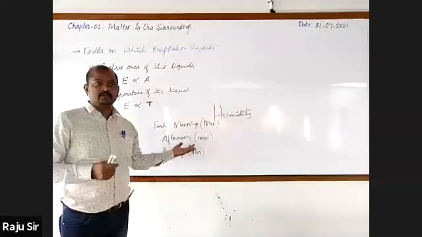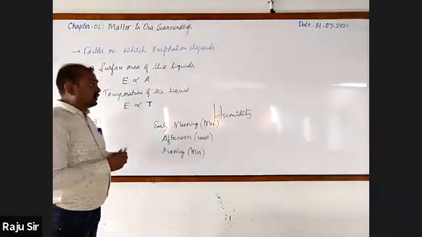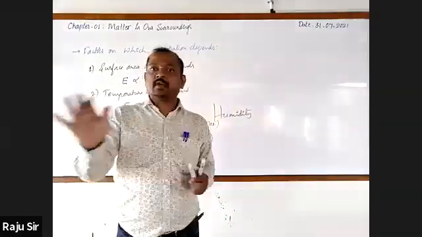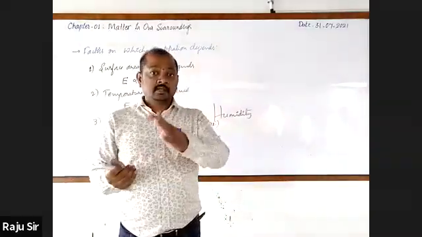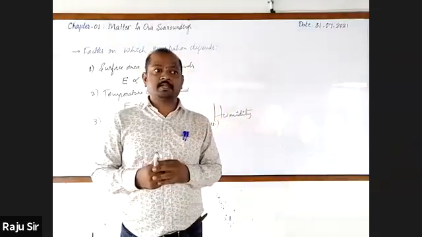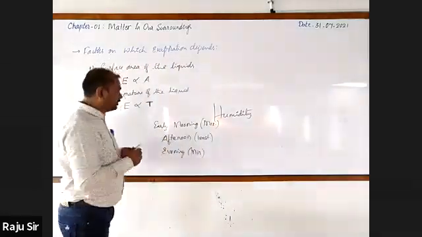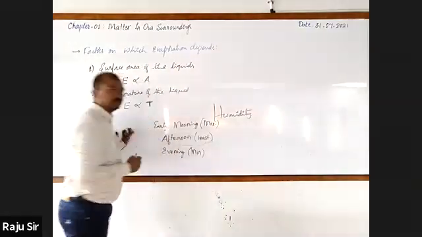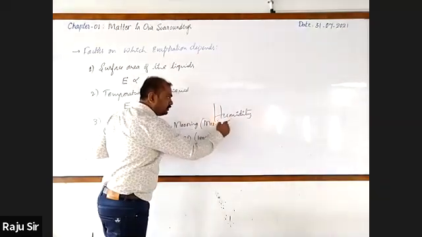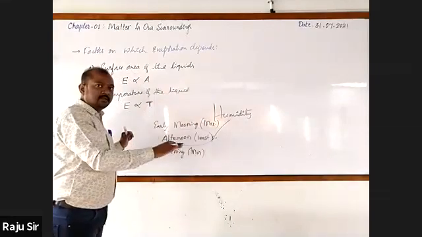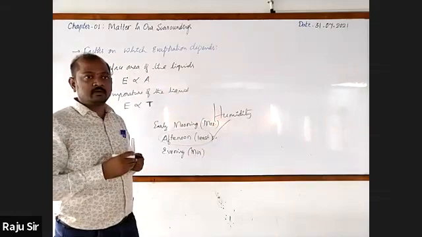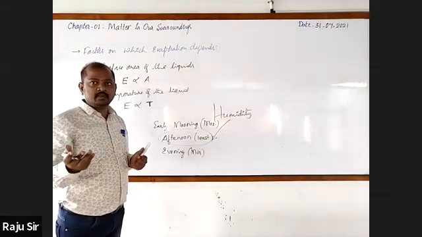So when wet cloths are kept for drying, they get dried because of evaporation. And for that evaporation, you are choosing the afternoon session because humidity is less. So as the humidity is less, the rate of evaporation will be more. Are you following? Inversely proportional.